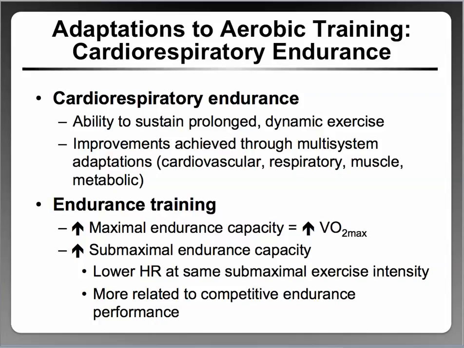So one of the questions you might ask is, how do you evaluate cardiorespiratory endurance? Well, cardiorespiratory endurance is best evaluated through a maximal exertion exercise test, or something that we call a VO2 max test.